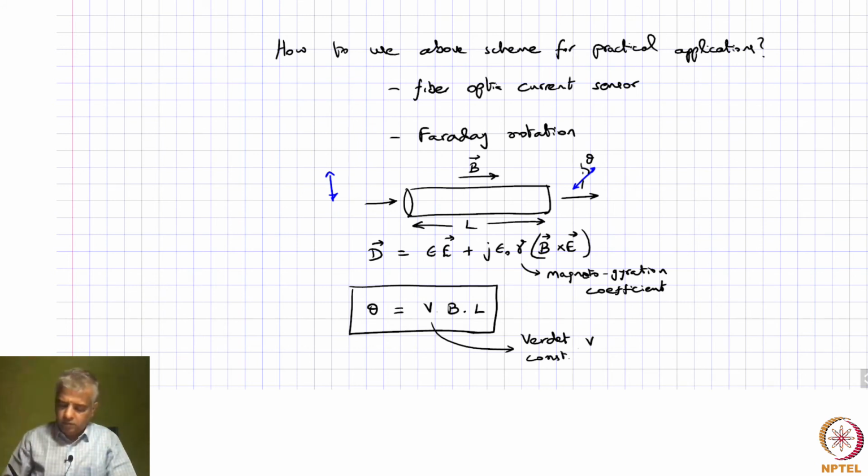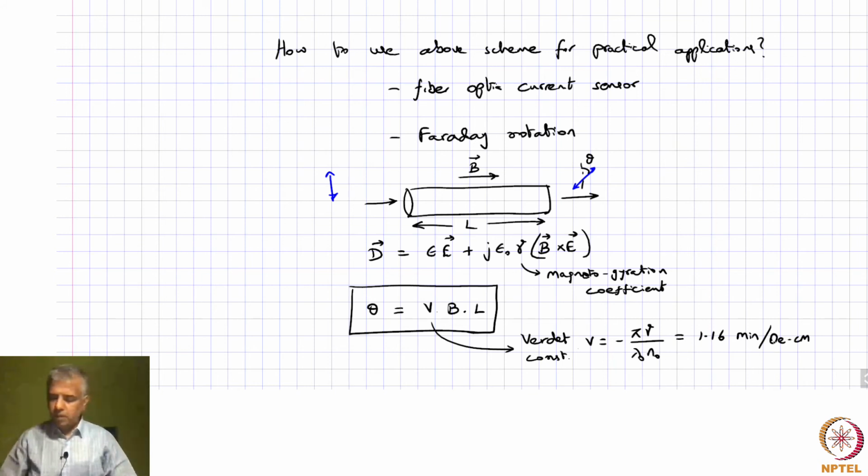The Faraday constant V can be written as minus pi gamma lambda naught divided by lambda naught n naught, and this is a value that, for example for TAG material, is 1.16 minutes per Oersted centimeter. Oersted is a unit of magnetic flux density, and centimeter corresponds to the length of your crystal.